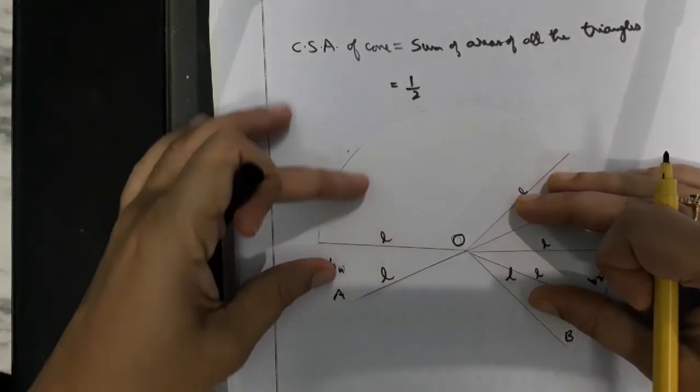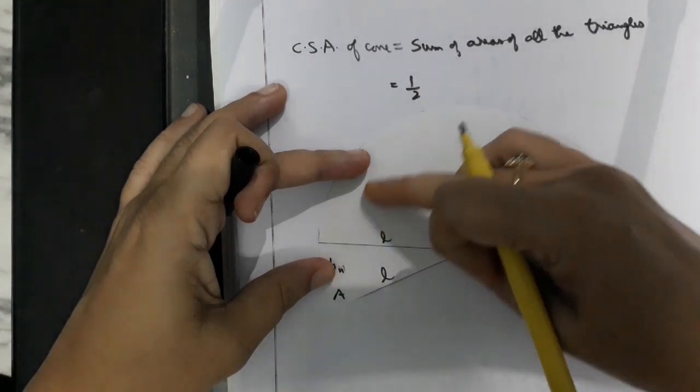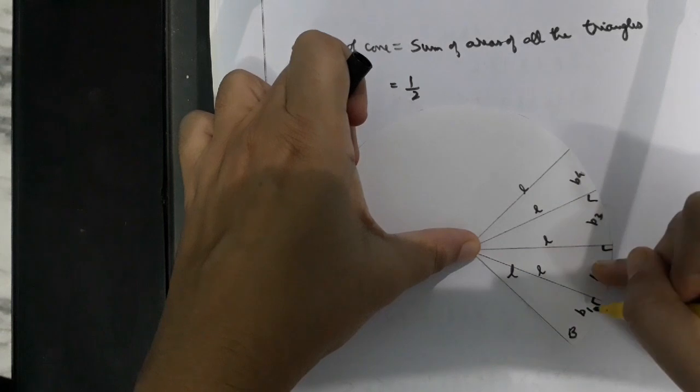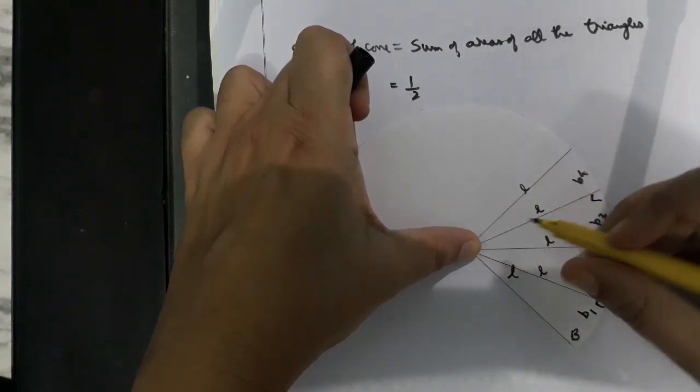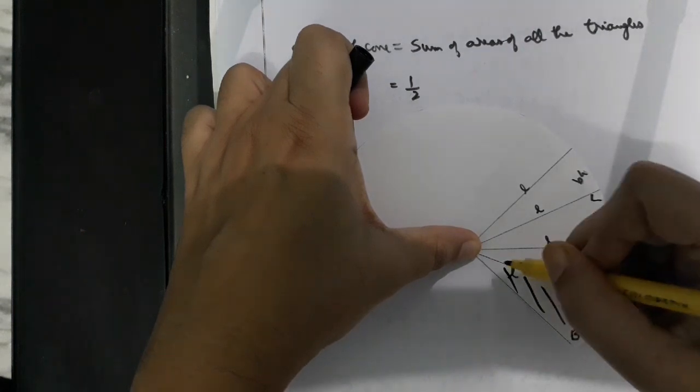So now the curved surface area of the cone would be equal to the sum of areas of all these triangles. Since these are the perpendiculars which we had drawn, the area of this triangle would be half of base into height.